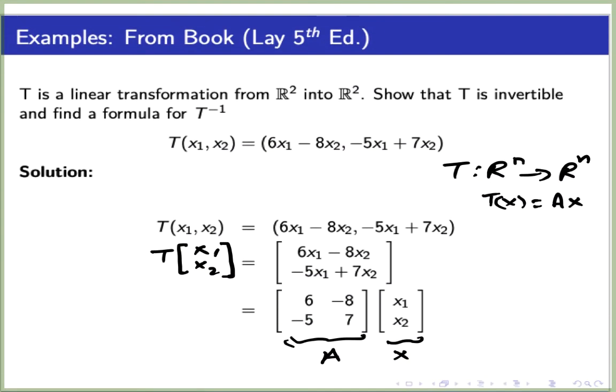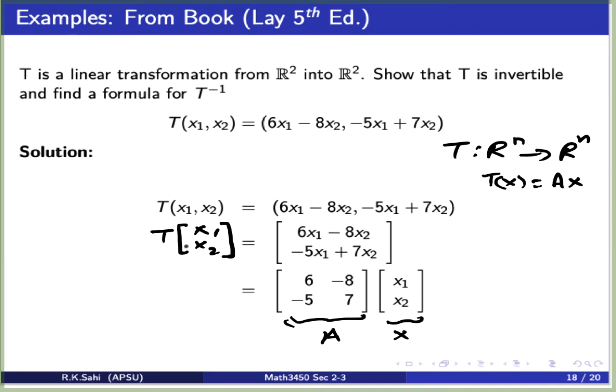Coming back to our problem over here. T is a linear transformation. I have been able to write it as a matrix times a column matrix X. Now, this A, remember, is a standard matrix. We're going to prove that this standard matrix is invertible. We have learned in section 2.2 of our book that we can easily find this out by looking at the determinant.